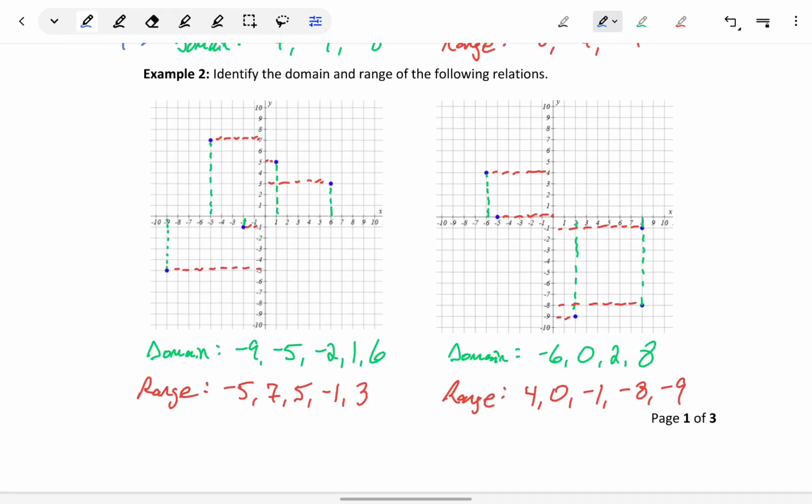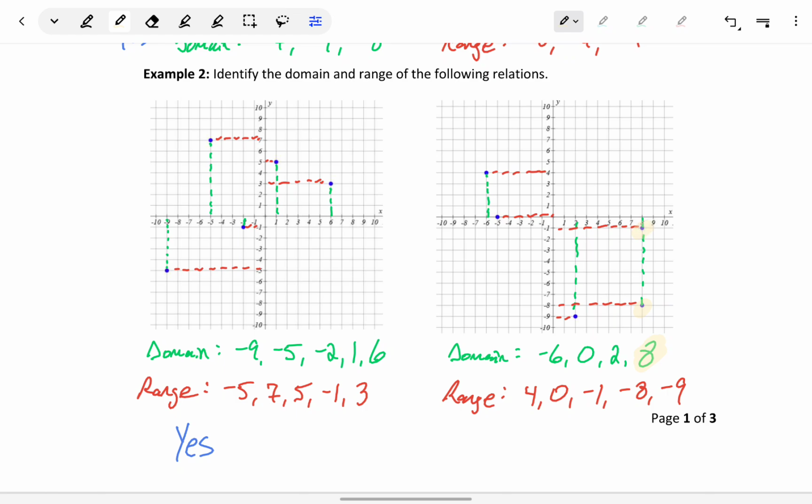Now we want to apply that same idea to example 2. In example 2, the first graph, there are no repeated x values, so that already gives it away that yes, this is a function. But for the second graph, we have a repeated x value, which is x equals -8.